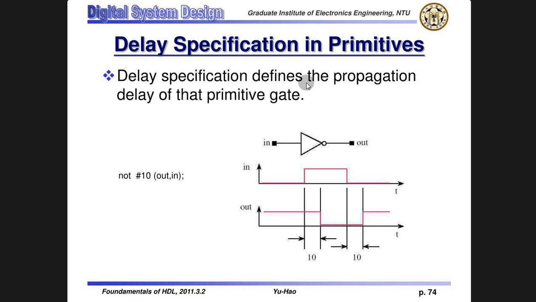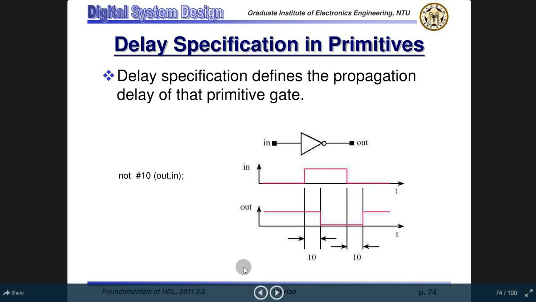Delay specification in primitives. Delay specification defines the propagation delay of the primitive gate. So suppose this is the inverter, this is the input.